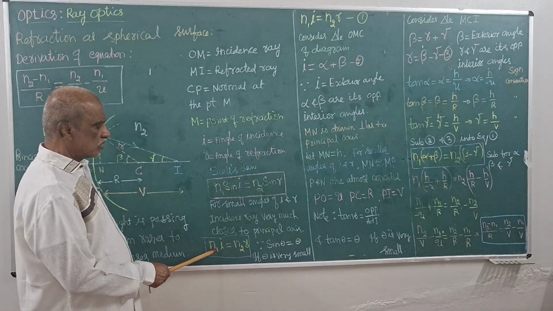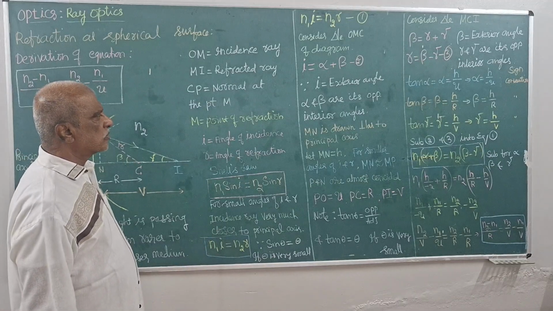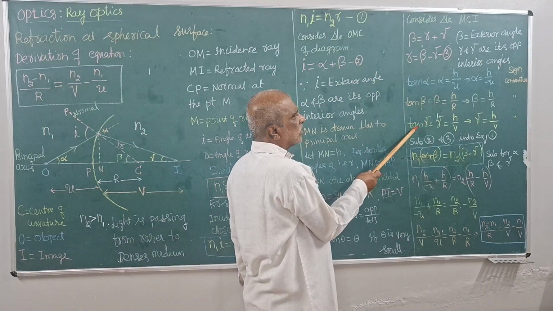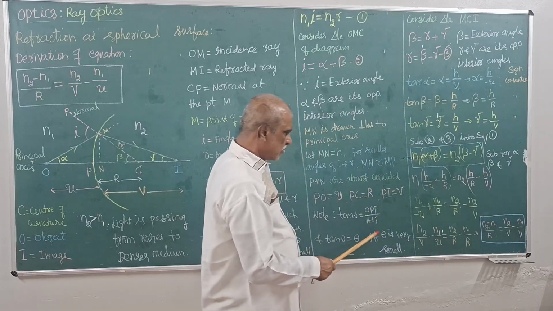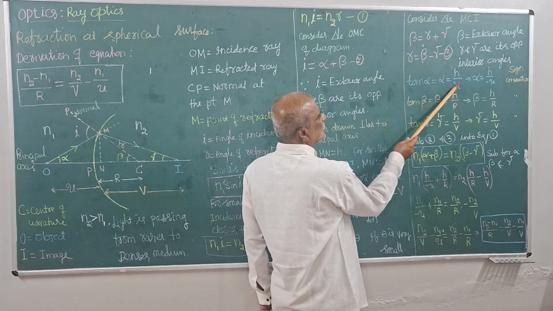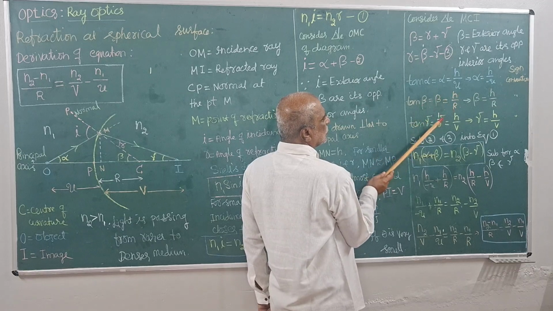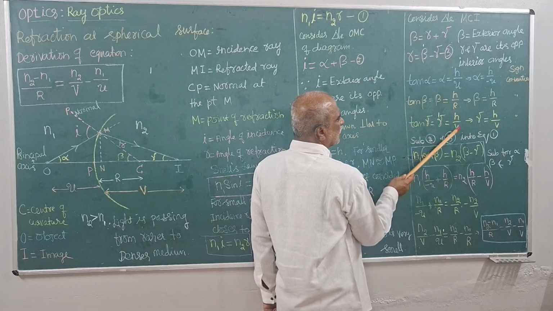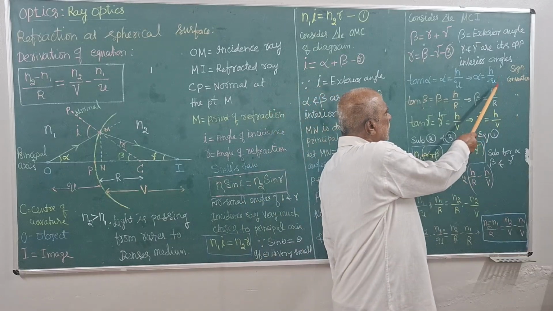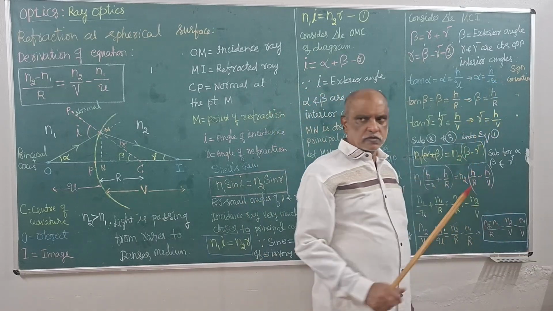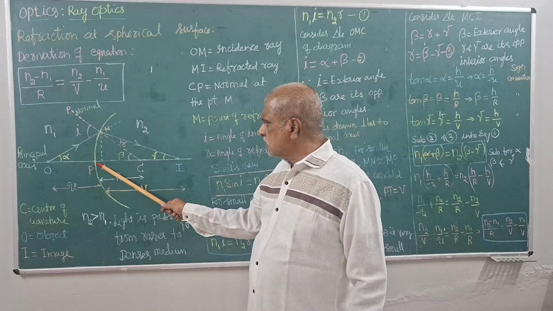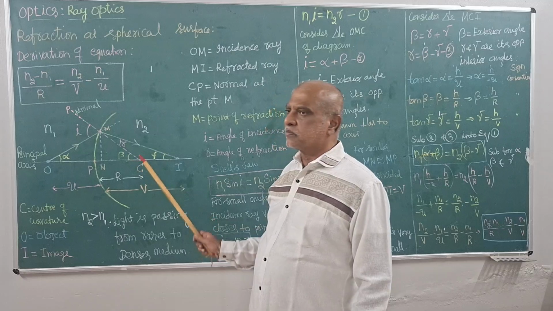And one more concept: tan alpha, tan beta, tan gamma. Since tan theta equals theta, tan alpha equals alpha, tan beta equals beta, and tan gamma equals gamma, with ratios h by u, h by r, h by v. The distances are u or v. As you know from the previous classes, these distances follow the sign convention.